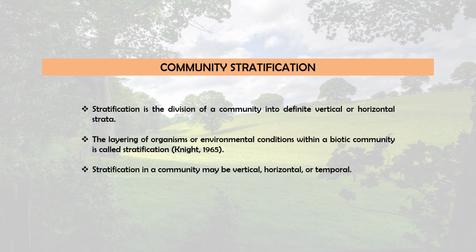It is the division of a community into definite vertical or horizontal strata, and the layering of organisms or environmental conditions within a biotic community is called stratification, according to Knight 1965. And stratification in a community may be of three types, that is vertical, horizontal and temporal.